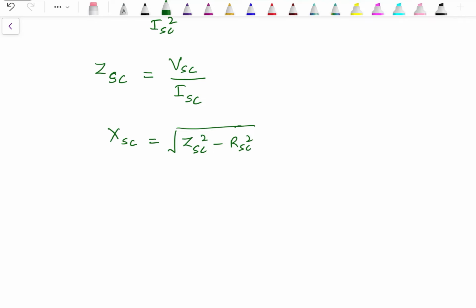Now if we have to calculate the equivalent resistance referred to low voltage side, then it will be equal to NLV upon NHV square into R equivalent on high voltage side.